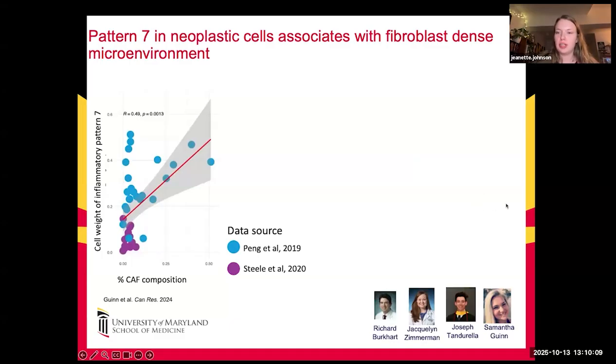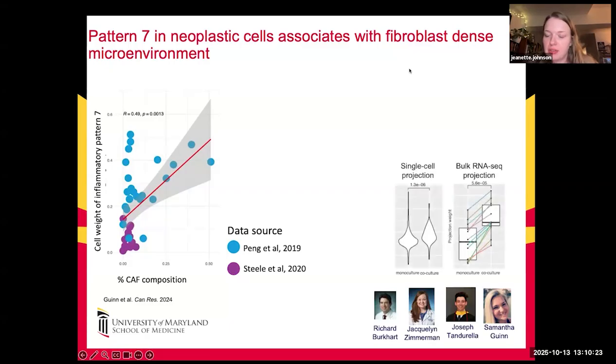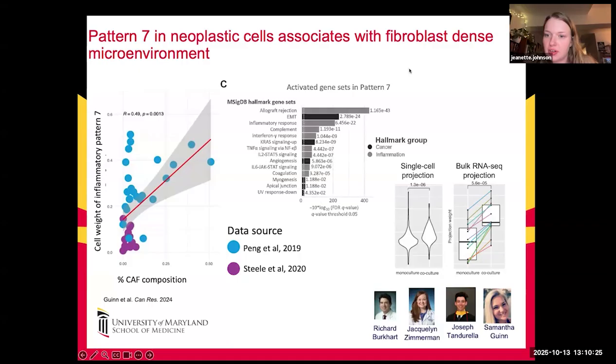When we looked at a pre-treatment single-cell RNA sequencing data set at the different tumor cell phenotypes, this epithelial to mesenchymal transition and inflammatory pattern of gene expression that we identified in epithelial cells correlated strongly with the presence of fibroblasts per sample.